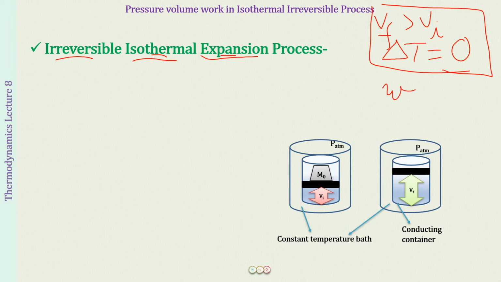Whenever work is done by the system, we say that it is going to be negative. Why do we say it is negative? Because it is going to decrease the internal energy of the system.